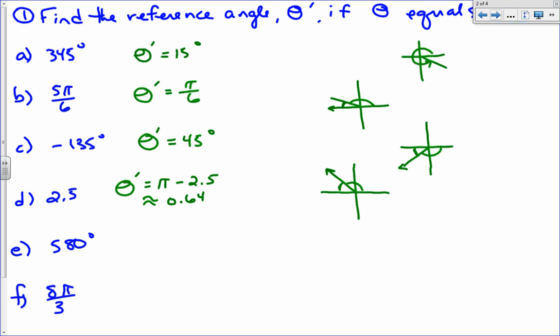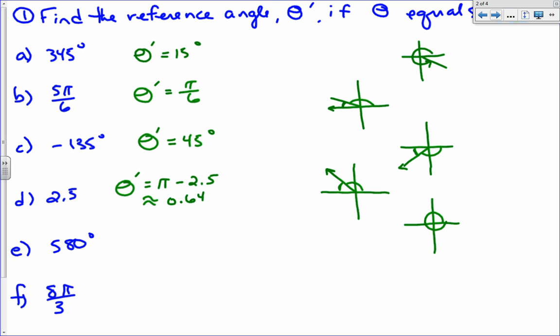For 580 degrees, 580 degrees takes us all the way around and more. So let's think about how much more. Find the coterminal angle that's less than 360 degrees for 580. We do that by subtracting 360 and we get 220 degrees.